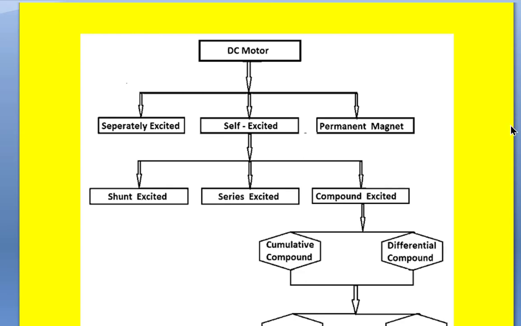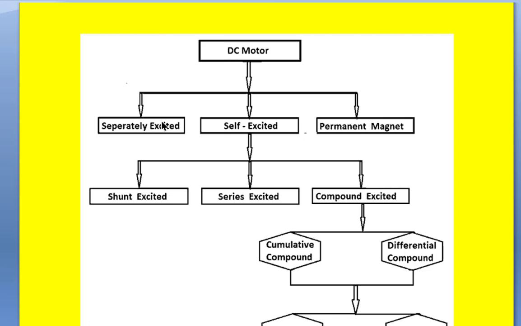Coming to the classification of DC motors, here we find three types. One is called separately excited motors, the other one is called self-excited motors, the third one is called permanent magnet DC motors. These permanent magnet motors are normally used in small applications like toys.